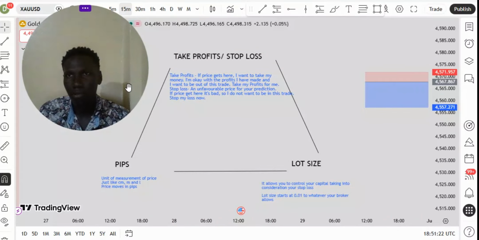You can search online for how to do that, but you don't really need to do all of those calculations. You can do all of them on MT5, which I'll talk about in the coming videos, right?